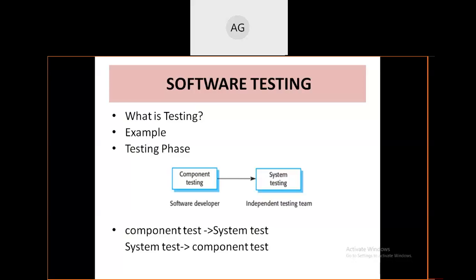If there are any errors or missing modules, depending upon the client's requirement, if you have missed a requirement, automatically at testing time, the tester will get all the information.